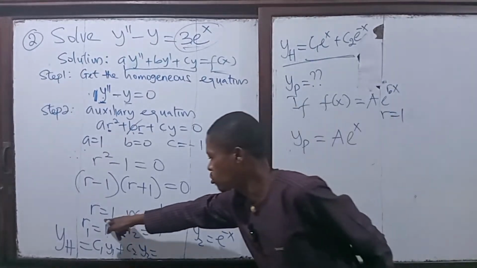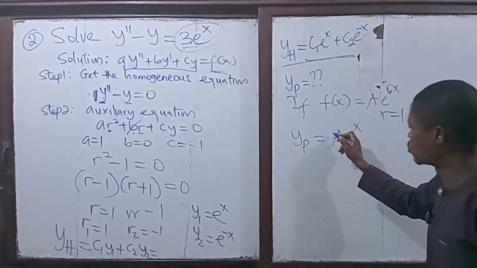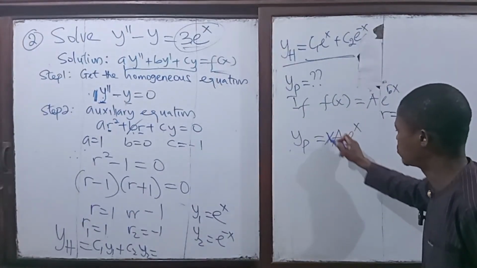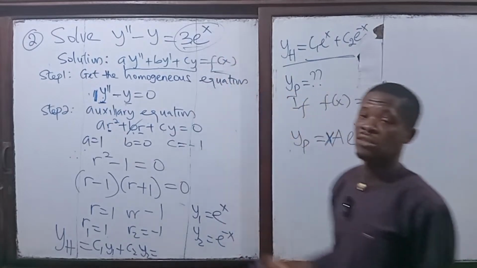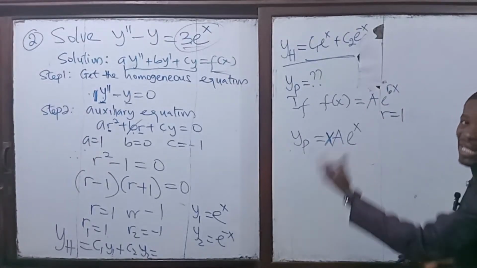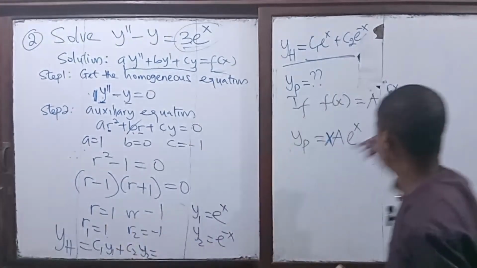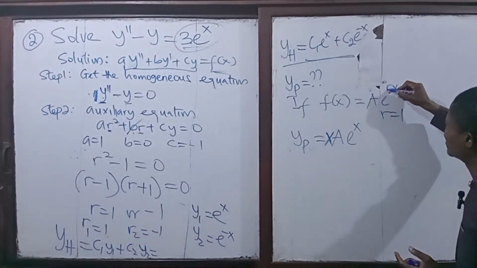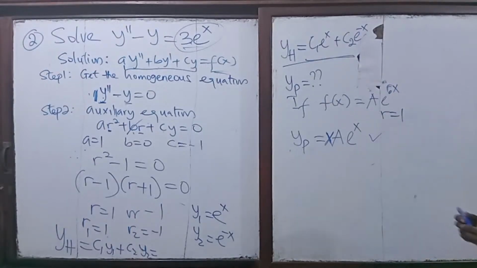One of the roots of the auxiliary equation is 1. So in that case, you're going to multiply this by x, because one of the roots of the auxiliary equation is equal to the r in f of x, which is 1.